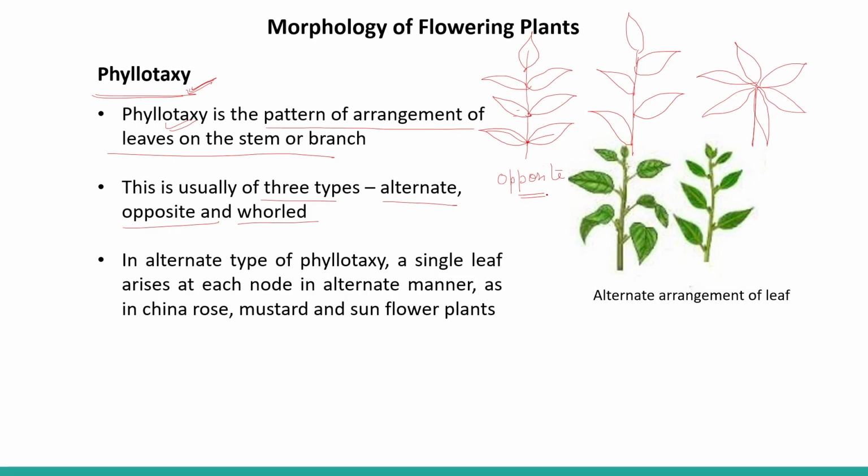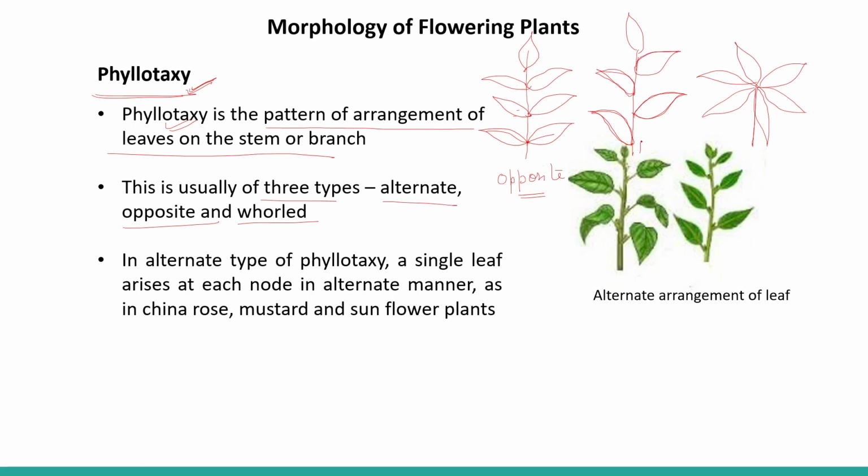And here in the second case, you can see the leaflet is present here, but the leaflet is not present on the opposite side. In fact, it is present a bit above it on the other side. Next leaflet is again attached a bit above on the other side like this.